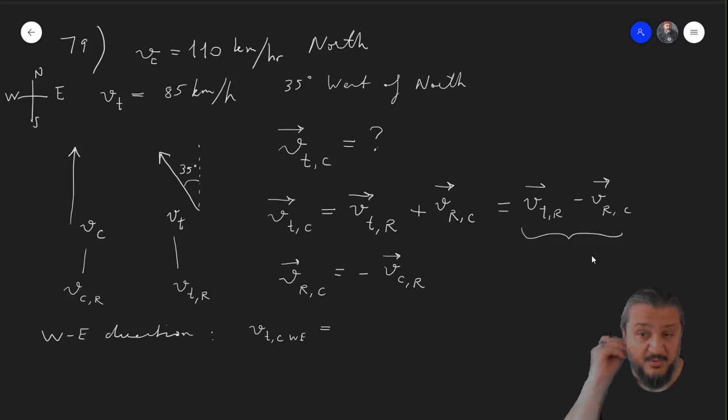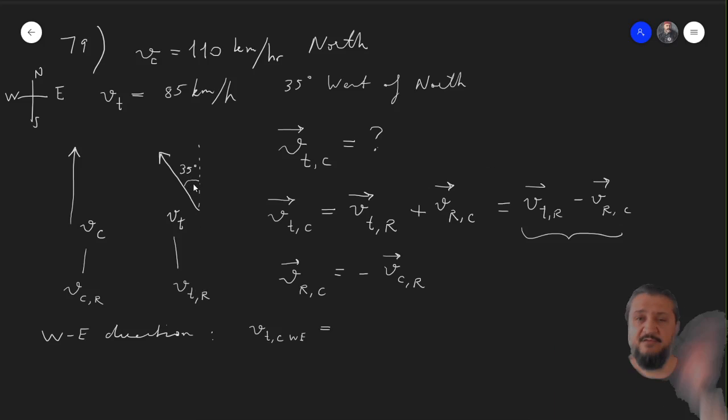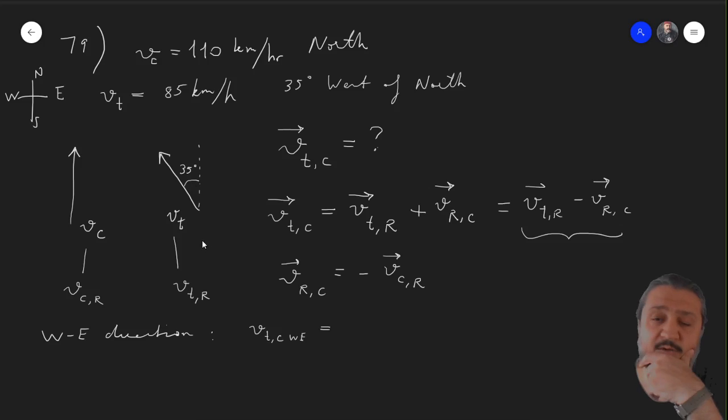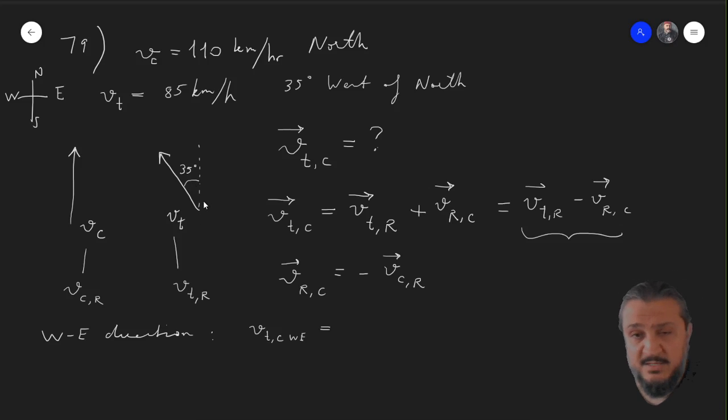VTR is 35 degrees west of north, so its east-west component will be negative. It'll be equal to negative hypotenuse times sine of 35.